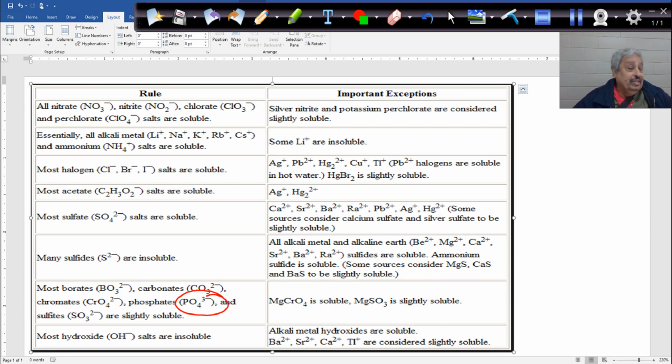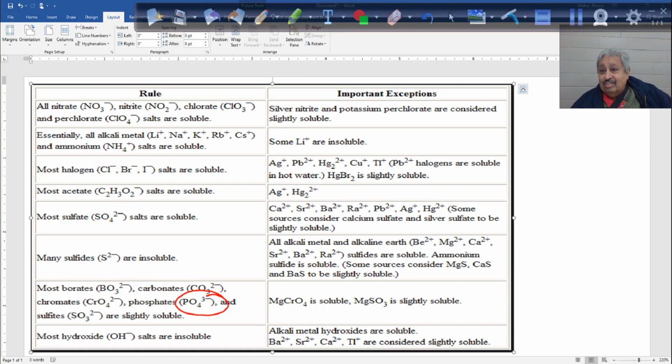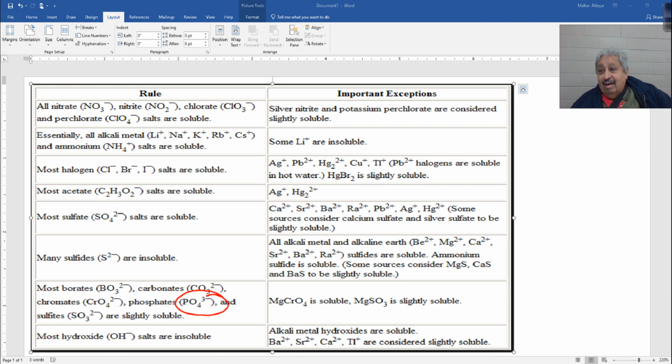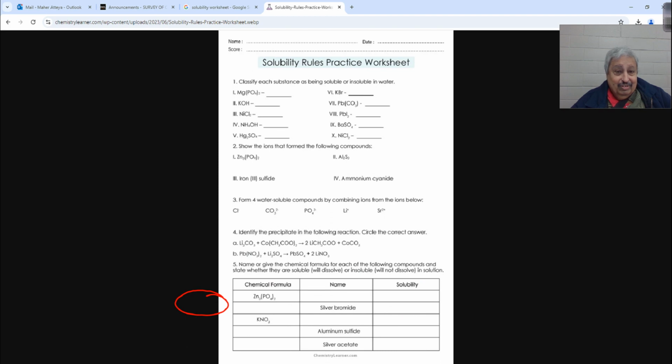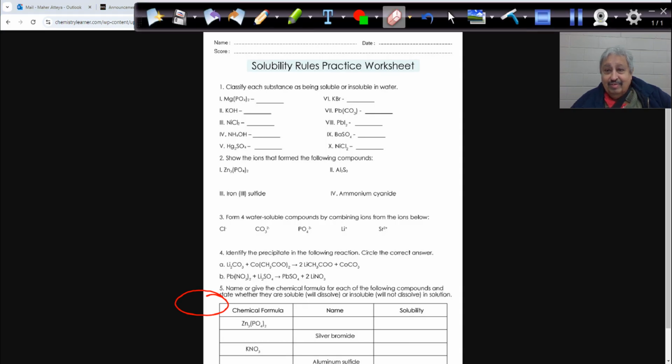No, there's no exception. So what will be our answer here, soluble or non-soluble? Come on, guys, don't let me down. Does anything say magnesium combined with sulfate or phosphate is soluble? No. Come on, guys, I know it's Monday, it's hard. So this one will be insoluble.